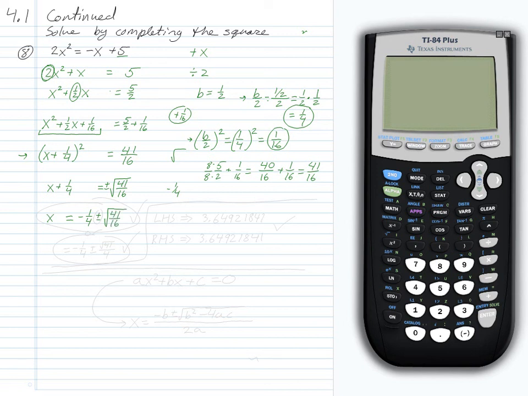So that's one way we could leave our answer, but generally we like to simplify things as much as possible. Negative 1/4 plus or minus, we could apply that square root to the numerator and denominator separately, so 41 over the square root of 16, which is 4.